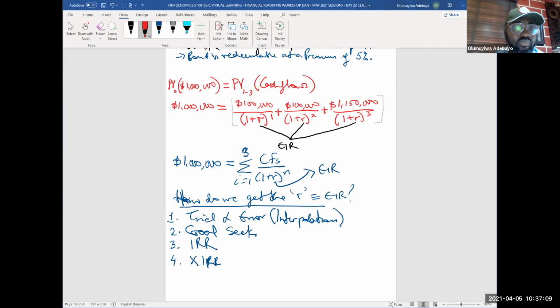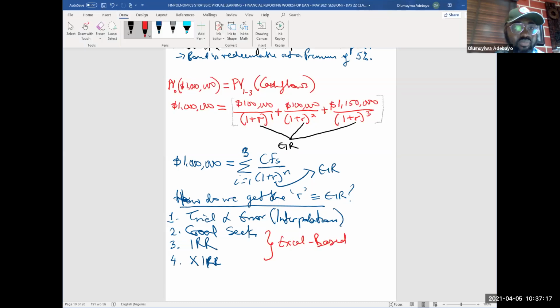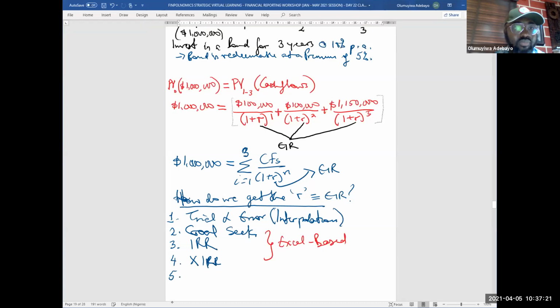These 2, 3, and 4 are Excel-based. And you can extend your fortress through programming languages, such as using Python, etc., or using R. But you don't need that.